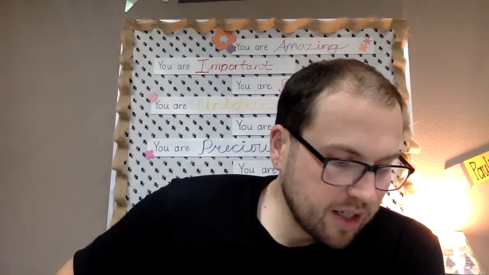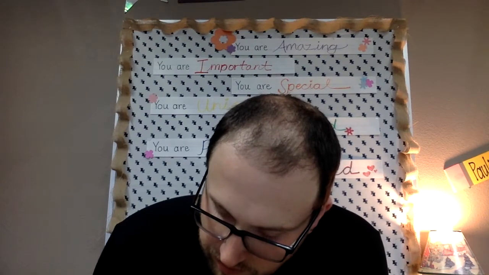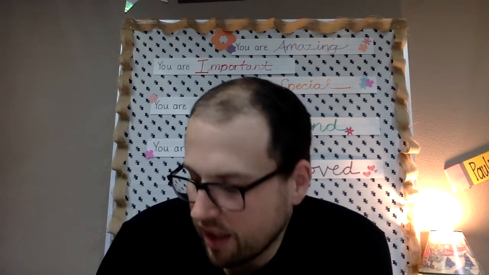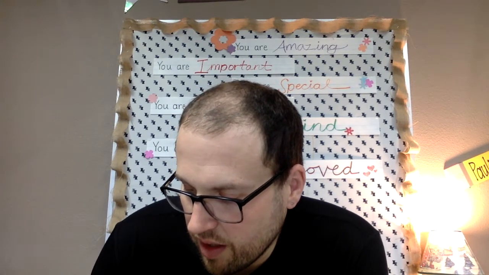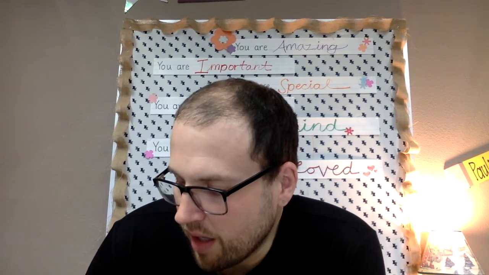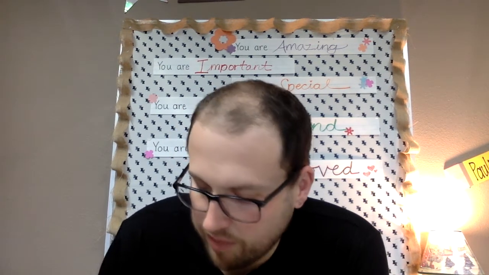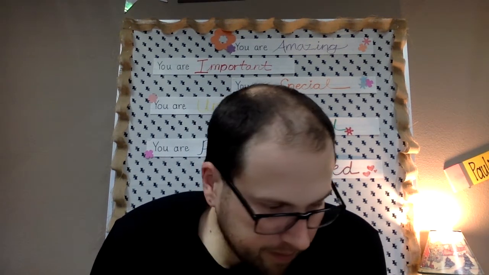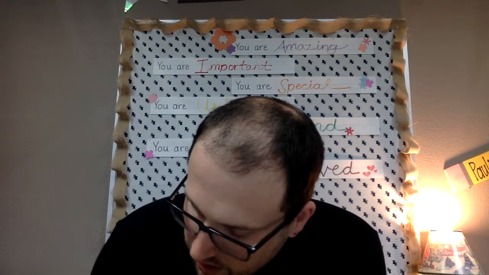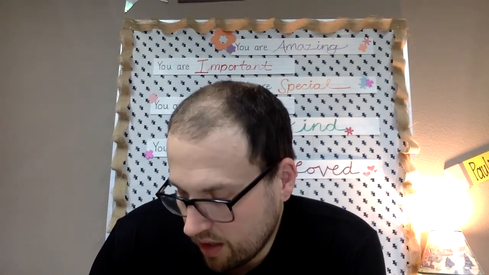The sentence says, she has a heaping pile of sprinkles on her ice cream. Yummy. She has a heaping pile of, and make sure you underline heaping, sprinkles on her ice cream.